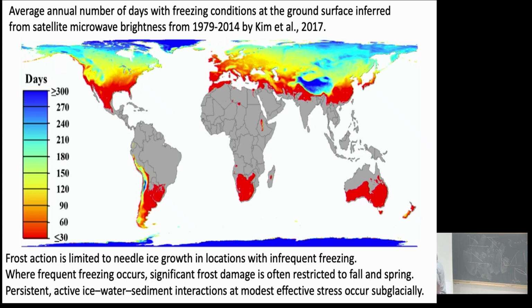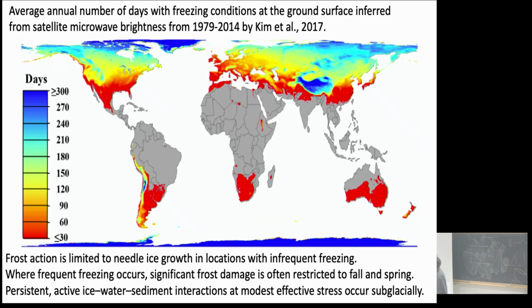If we look at what things are over that same roughly 40-year period, in terms of how many days we currently have of freezing conditions, you see that here in Cargese, we have basically less than 30, so the reds are less than 30. These are all the zeros over here, in these places.